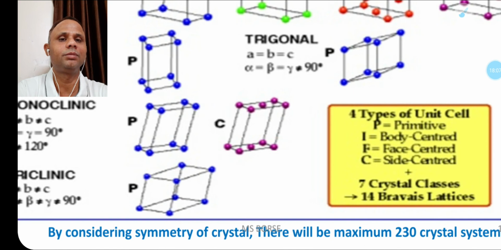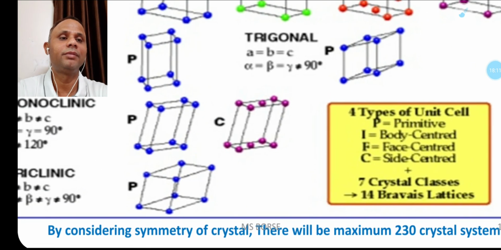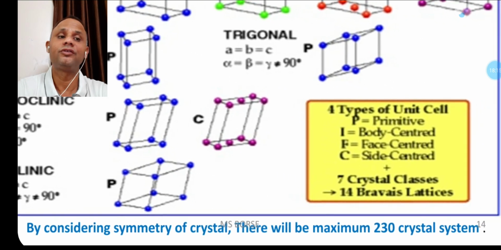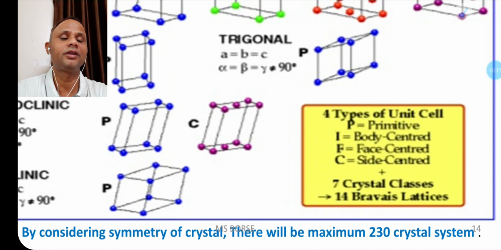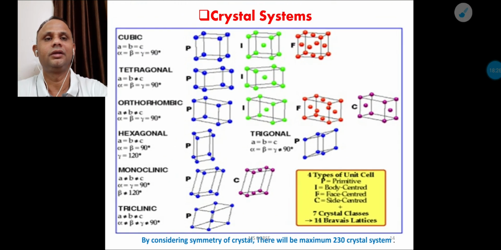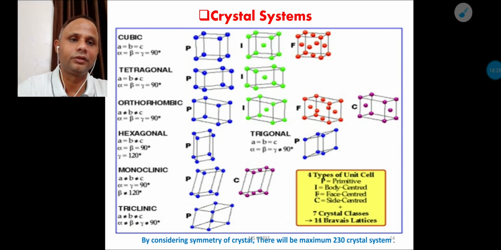That means up to now, there are a maximum of 230 types of crystalline compounds. You have a chance to investigate more than 230 crystals. In crystal engineering, you have the chance to discover a new crystal.